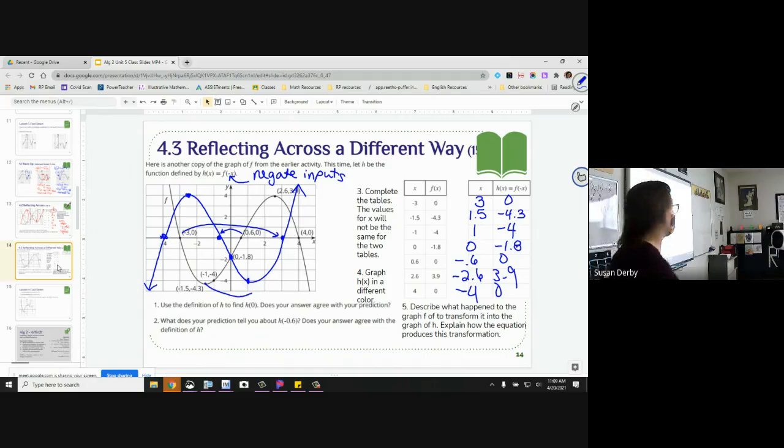So instead of flipping it top and bottom, we'll flip our end behavior left and right. So we've taken our end behavior that was looking like this, and we flipped it. So now our end behavior is looking like this, down. Took the whole graph and reflected it.